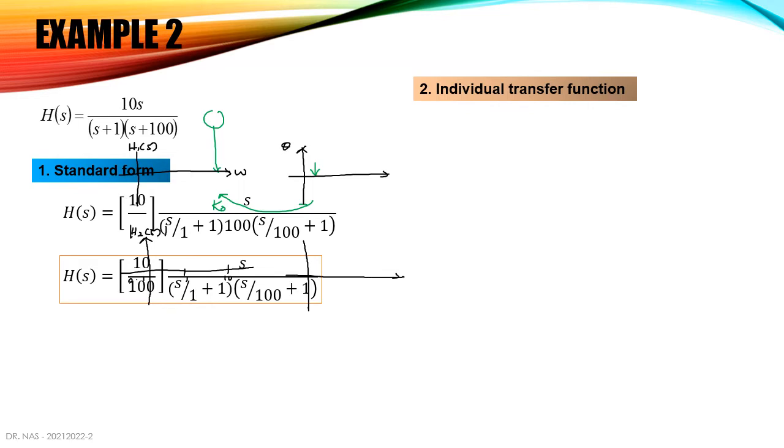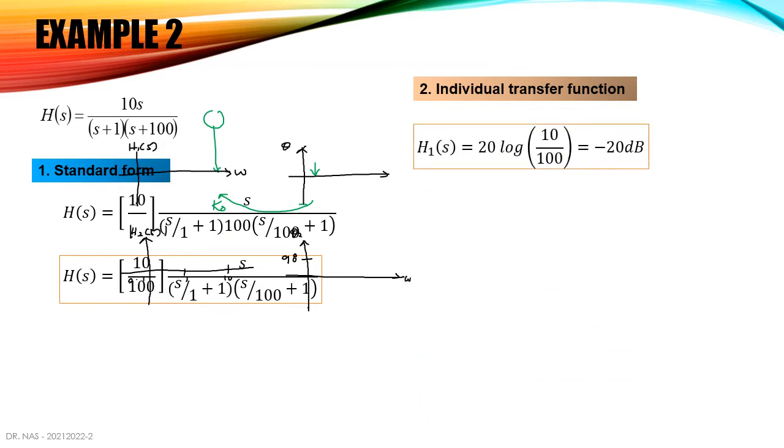So you have the constant and the components both on top and at the bottom. Next you need to rewrite the individual transfer functions. First you have the constant, 20 log of K naught. K naught in this case is 10 divided by 100, equal to negative 20 dB. And then move on to the next, s on top.